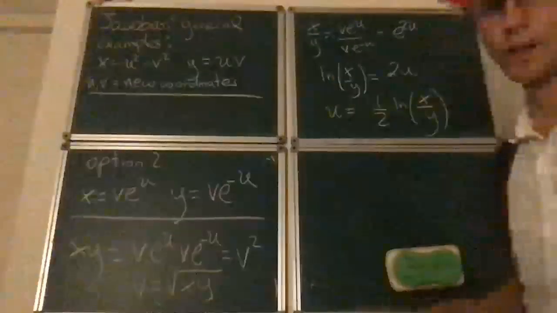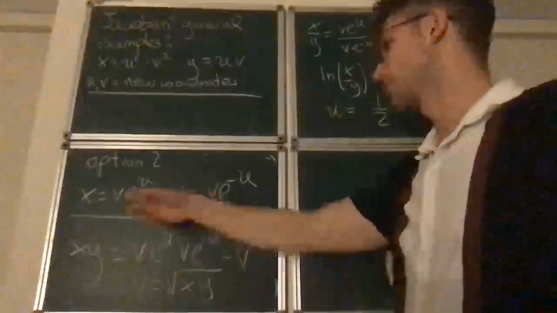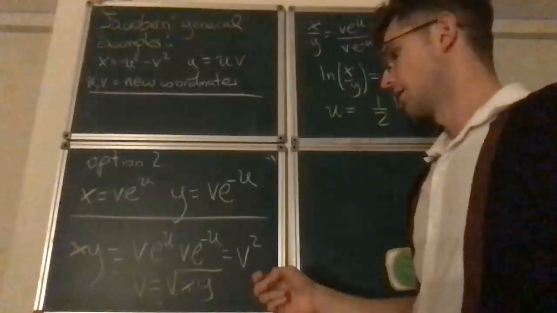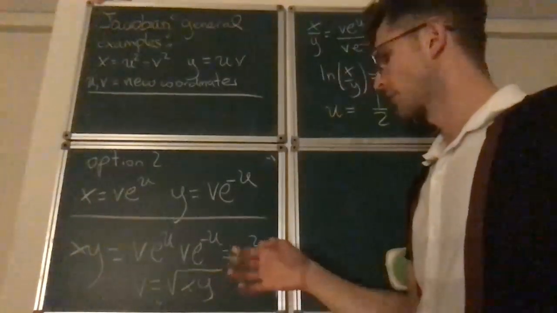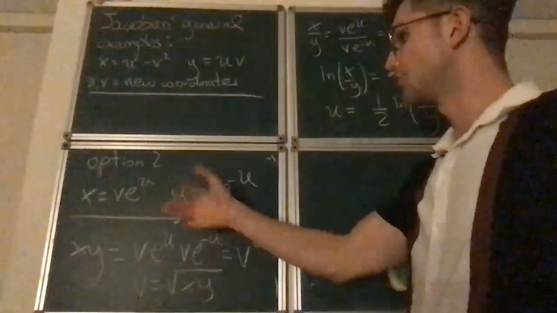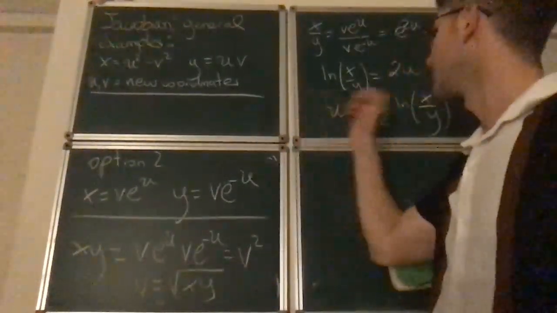So the reason why I'm doing this is that sometimes if you have x and y in terms of v and u, then it's easy to reverse the process and write v and u in terms of x and y.